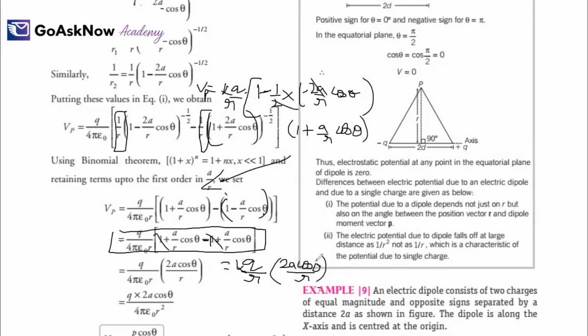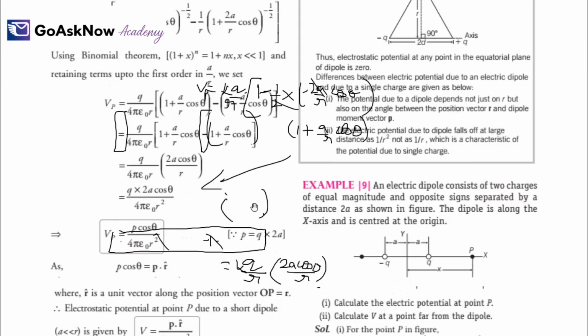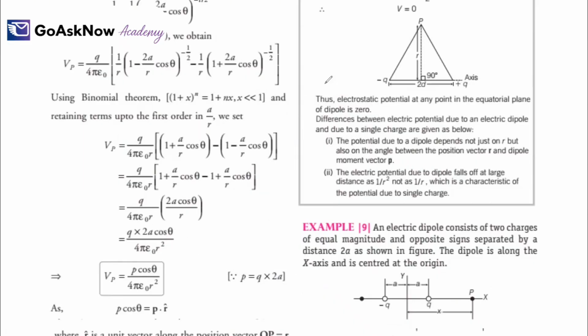So we are getting some final expression here. Just a second, I will rub the equations. Yes, so what we are getting: Vp is equal to q into 2a cos theta upon 4 pi epsilon naught into small r square.